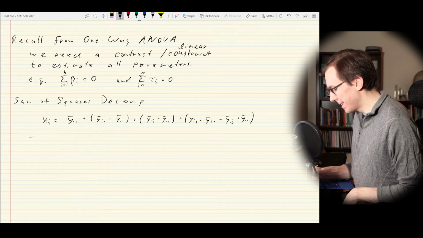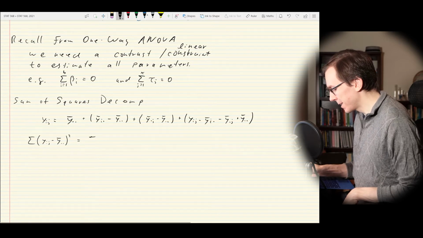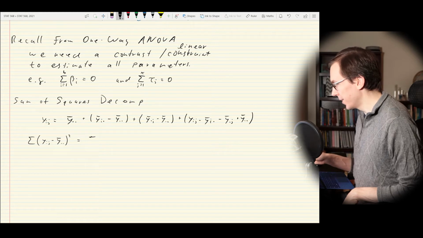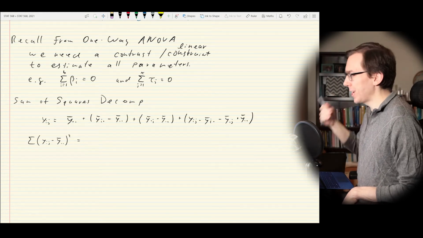Right, what we end up with is the sum of Yij minus y bar dot dot squared. And what we're going to do is write that as the subsequent three pieces all summed and squared over all i and all j.